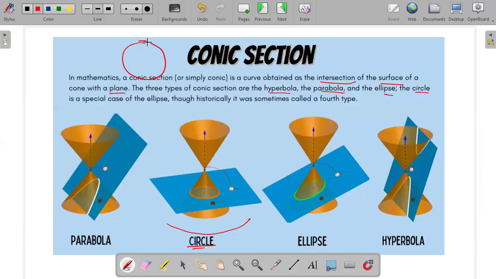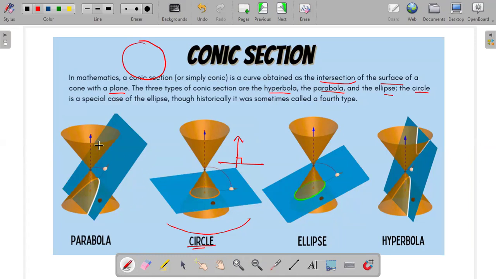It is formed when this plane goes through this cone perpendicular to the axis of rotation. You see that it is perpendicular because my plane is cutting like that and my axis is going like that, so it forms 90 degrees. When the cut is like that, it will form a circle.